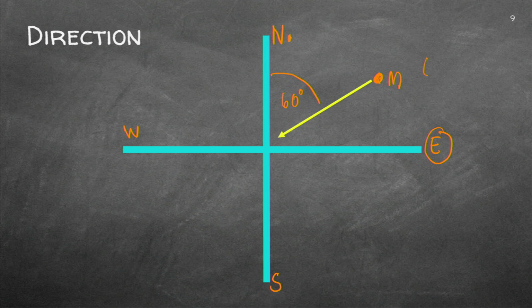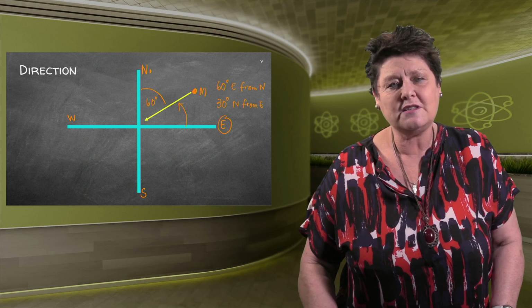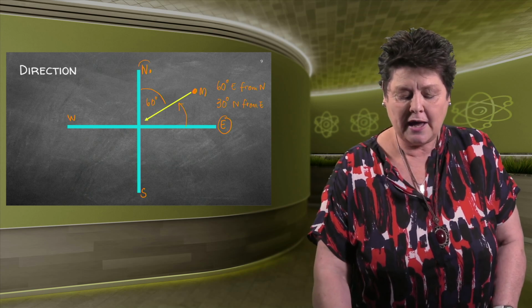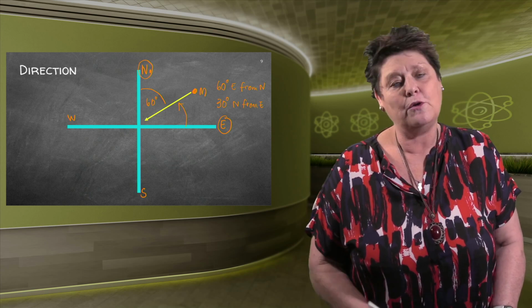So it's 60 degrees east from north. It might be easier to express 30 degrees north from east. And you'll do many of these calculations in further lessons on mechanics. But we have to have a uniform system where we work, and this will be one of the ways to express direction.